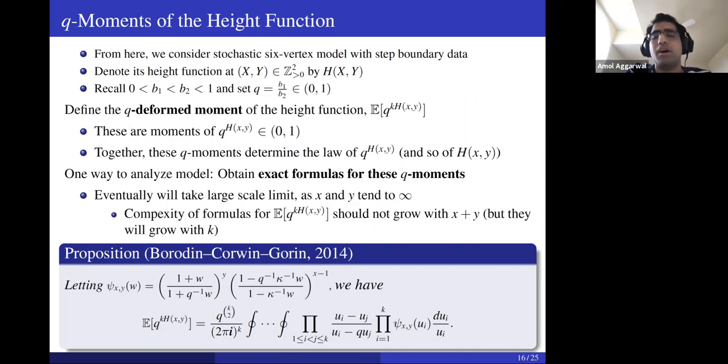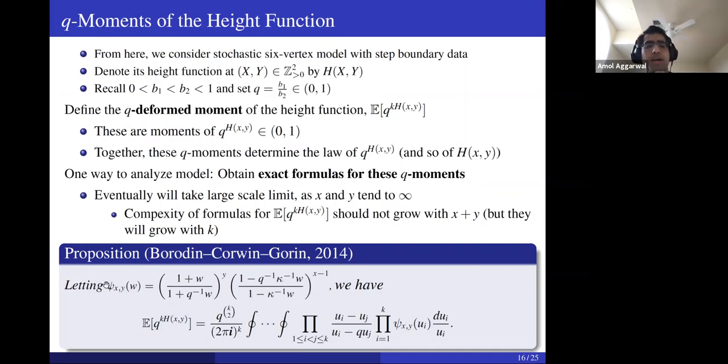But the complexity with the size of the domain, x plus y, or the location of the point I'm testing at, should not grow with x plus y too much. So the delicacy to this analysis is that one needs formulas for these q-moments that don't go completely mad if x plus y goes to infinity. Okay, so here's a sample for how such a formula might look.